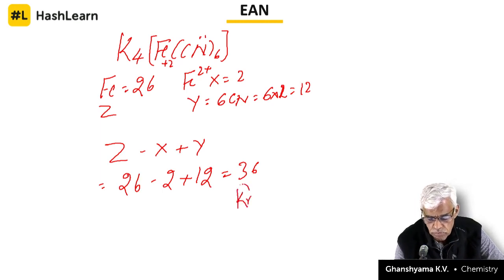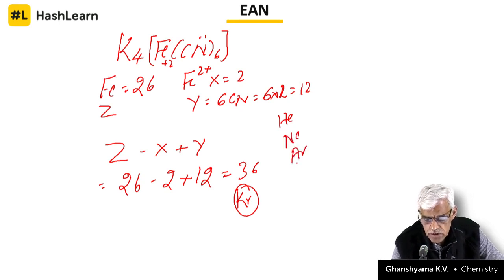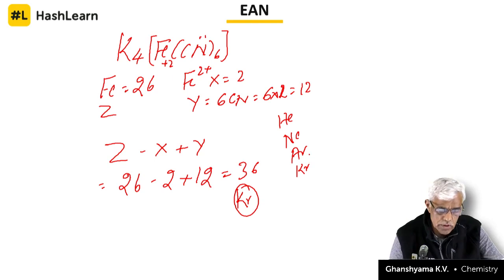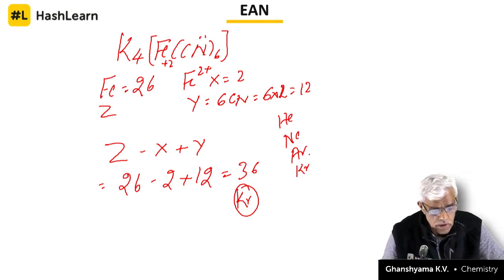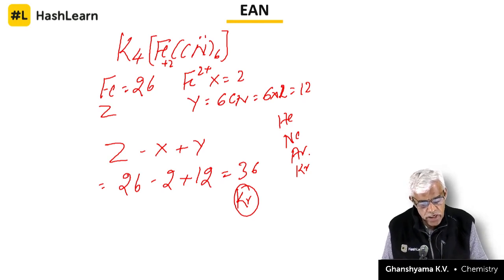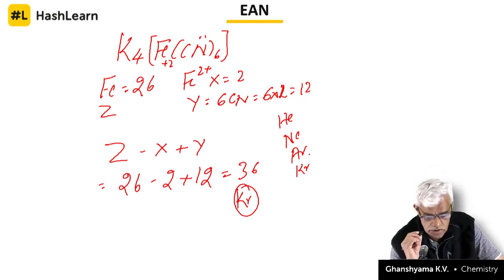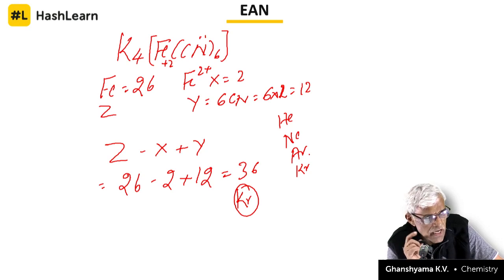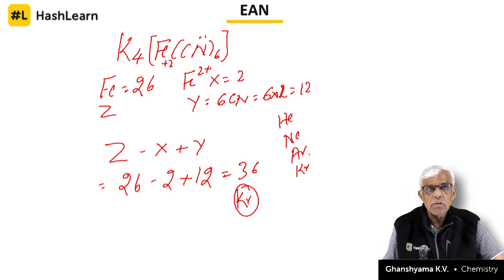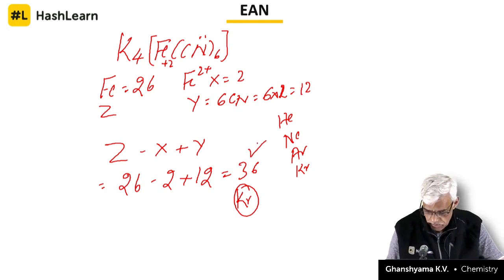Krypton: 2 is helium, 10 is neon, 18 is argon, 36 is krypton. Thus, the central metal iron has attained the electronic configuration of the next noble gas, namely krypton. This is EAN.